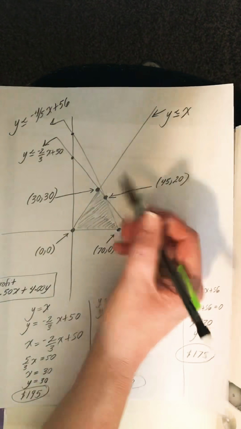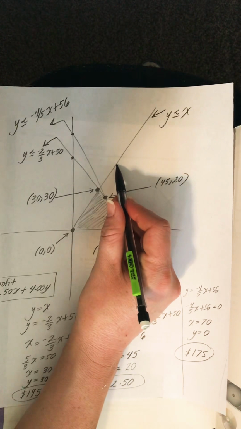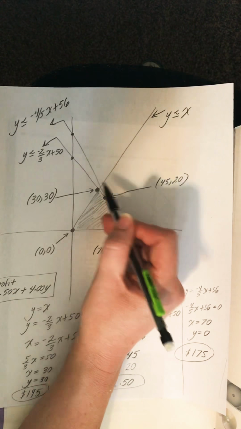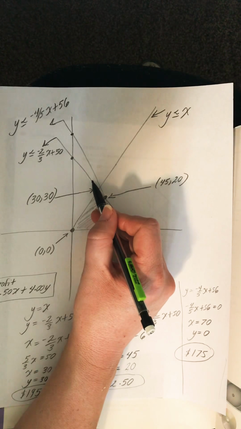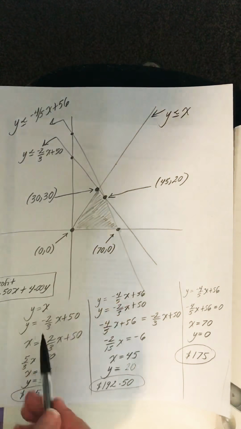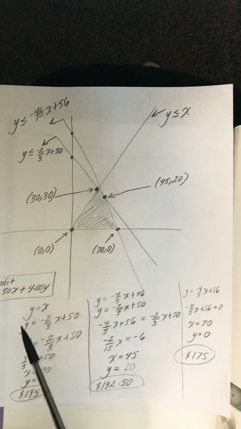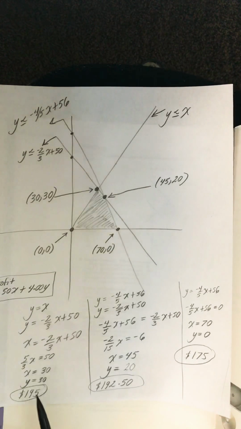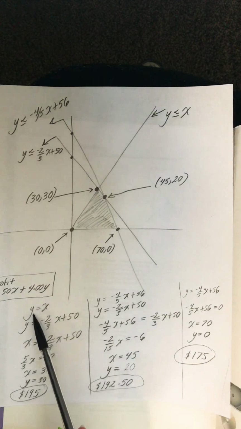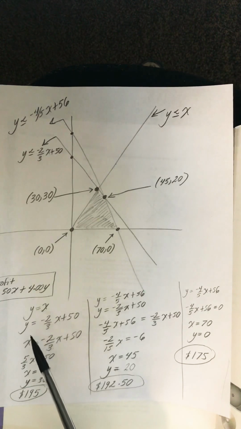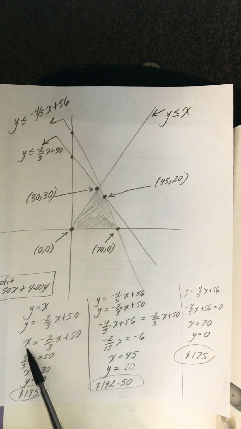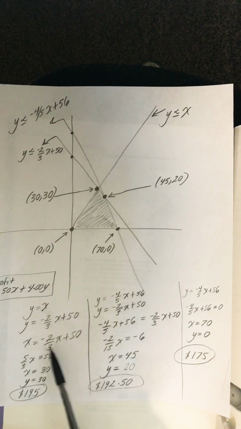In this first vertex right here, I noticed y equals x is intersecting with negative 2/3 x plus 50. So if these are our two equations that are intersecting, set them equal and solve for x. So x equals negative 2/3 x plus 50.